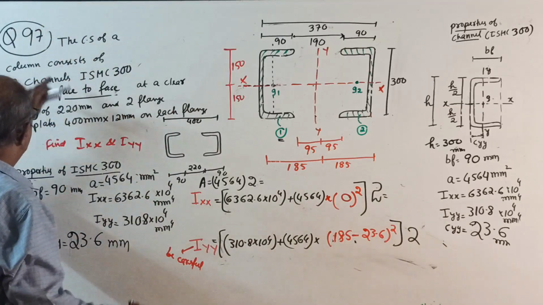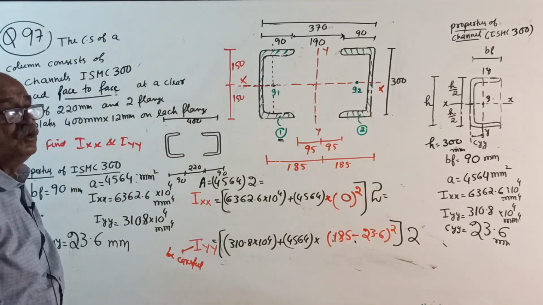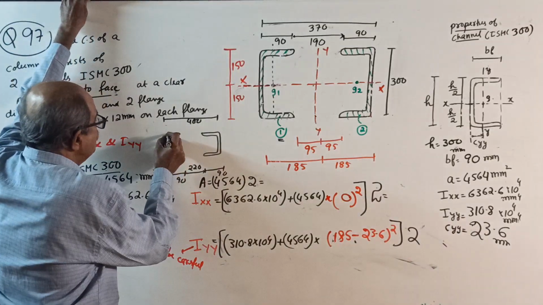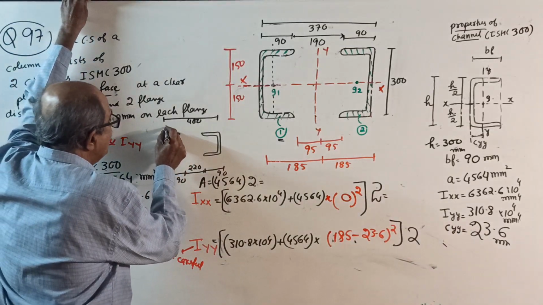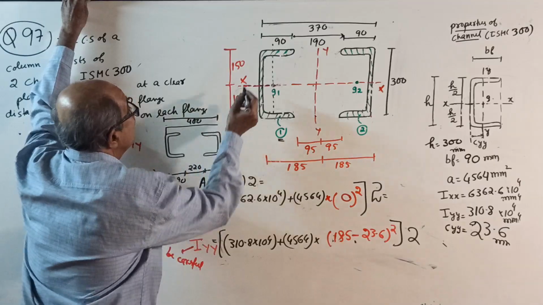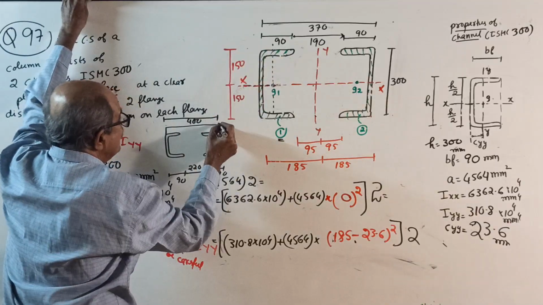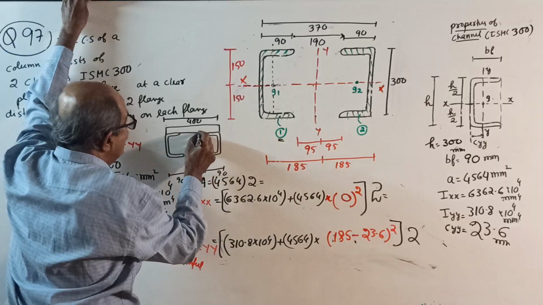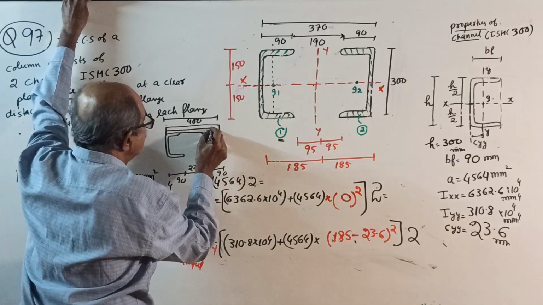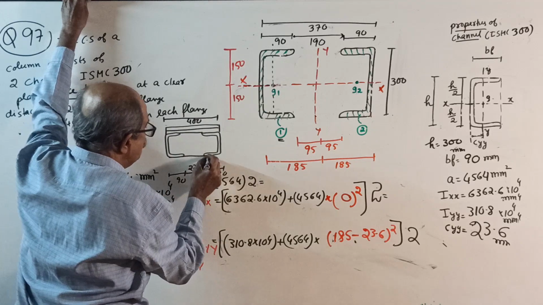And they told the plate is 400. That means this time the plate will correctly fit here. Last time it was having projection, this time not. But actually remember, each flange has 2 plates.